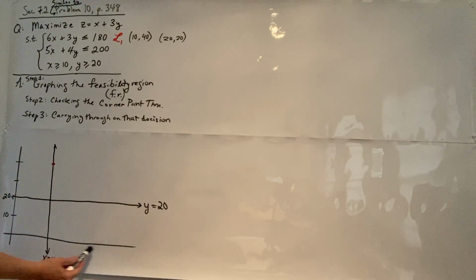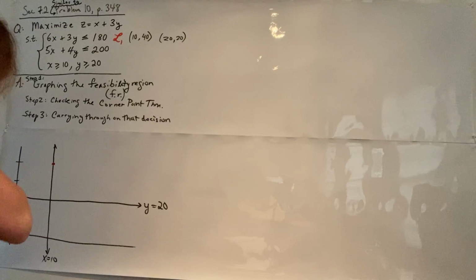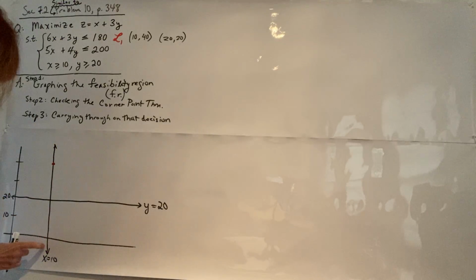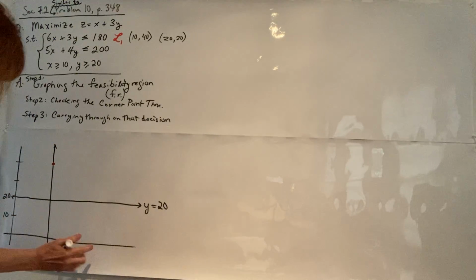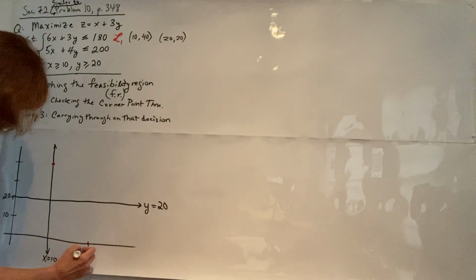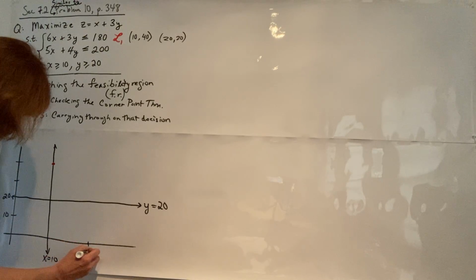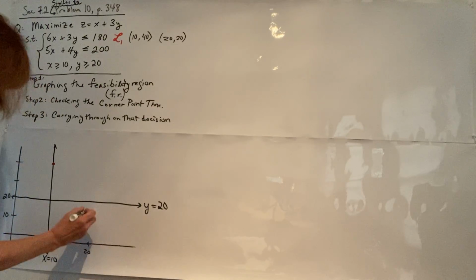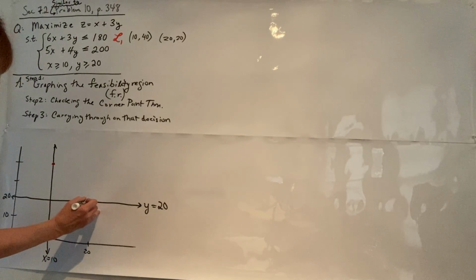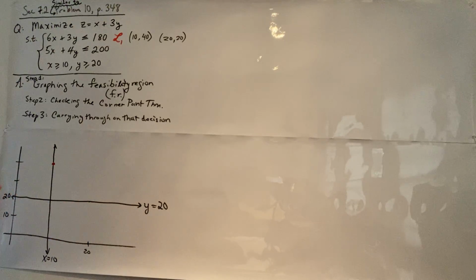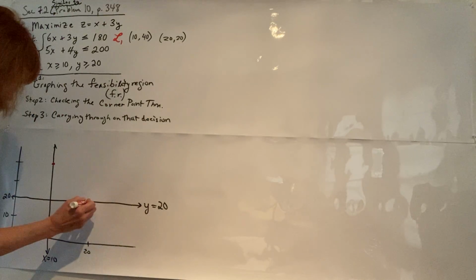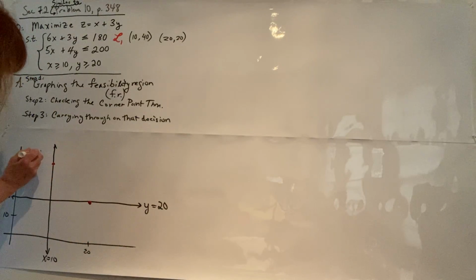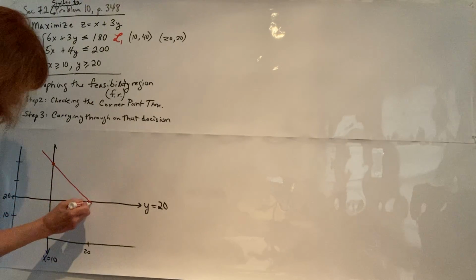So if this is x equal to 10, all right, and there's another 10, so there's x equal to 20. And coming up here, when that hits (20, 20), that would be right here. So that first line looks like this.